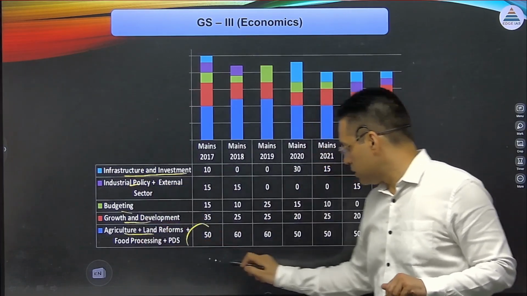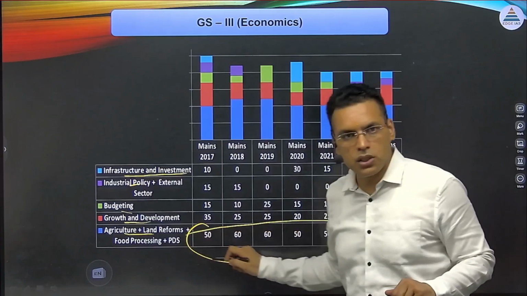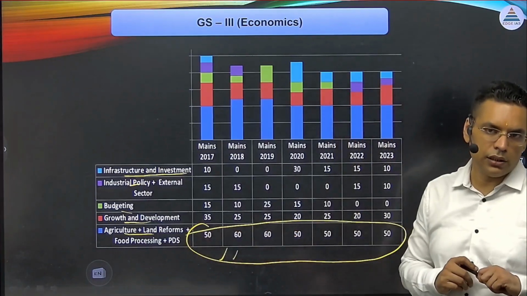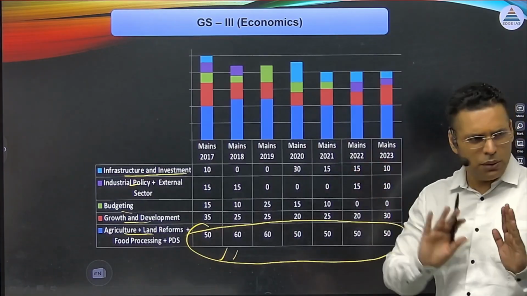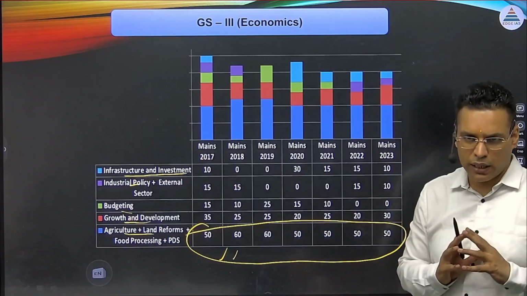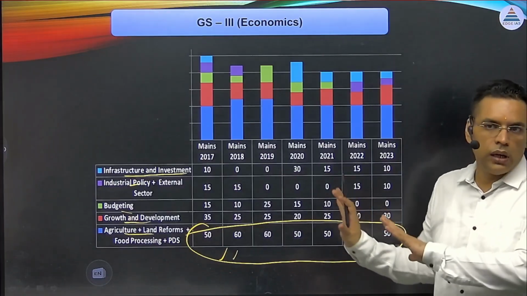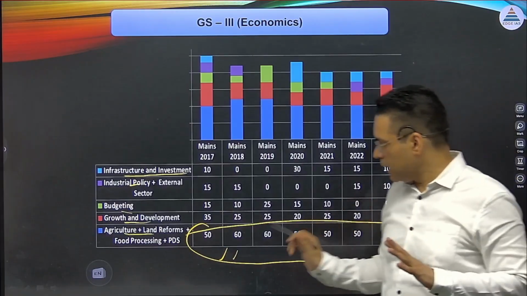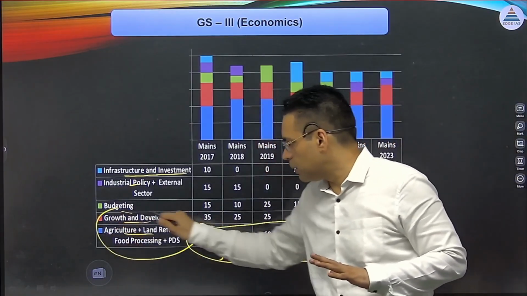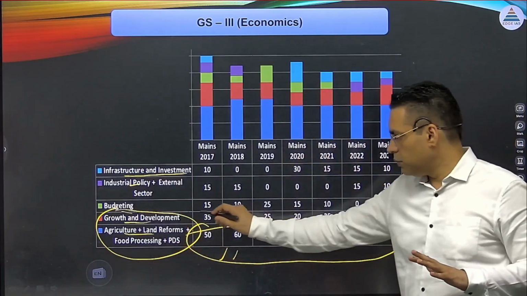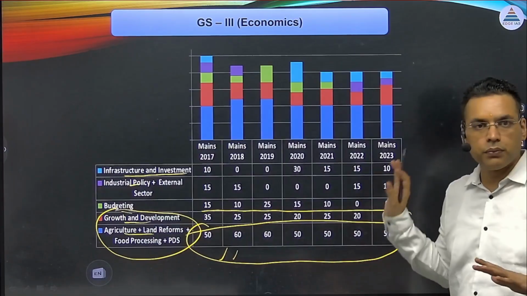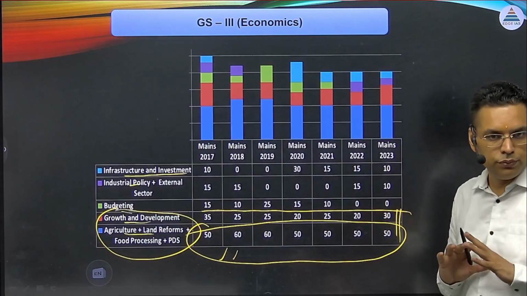Now you look at agriculture. The chunk of the questions are coming from agriculture. Almost half section for mains. Prelims के लिए नहीं. Prelims में you get 1 or 2 questions from agriculture, but mains is all about agriculture. Then the second topic is growth and development. So if you just cover these 2 sections, it will reward you almost 80% of the GS3 economy section.